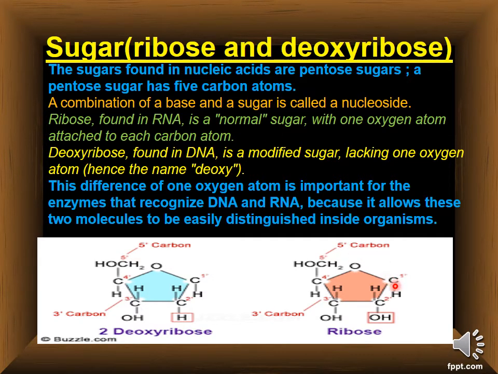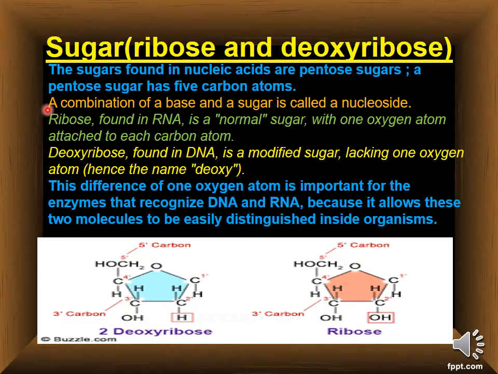Let's count here: 1 carbon and 2, 3, 4 and 5. So 5 carbon, that's why it's called pentose sugar. And remember in the class we discussed aldoses and ketoses.